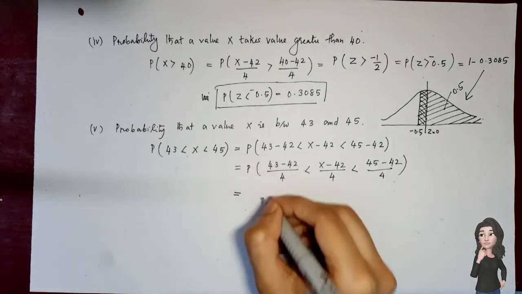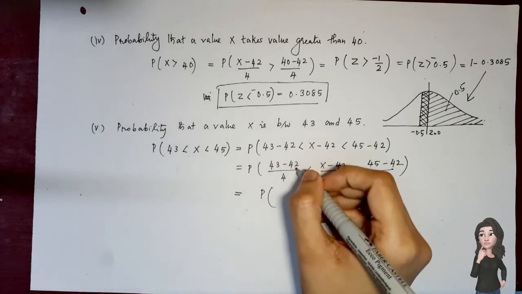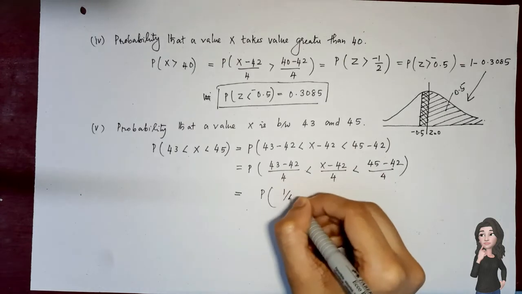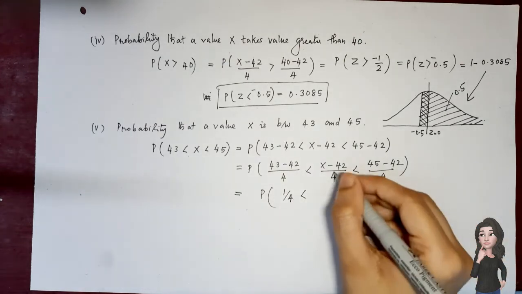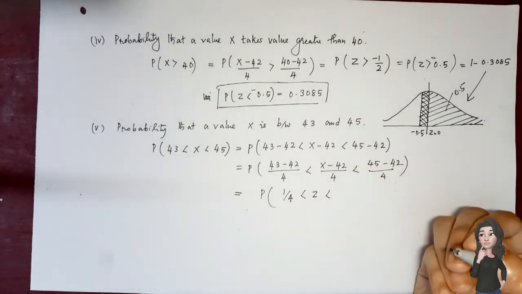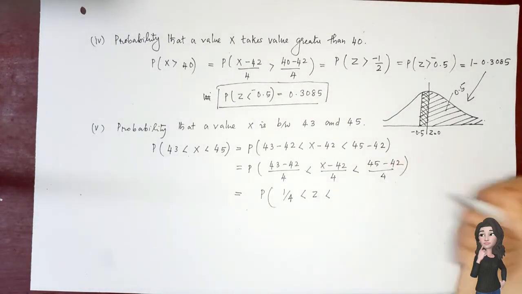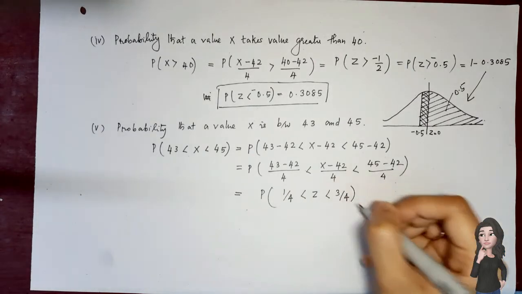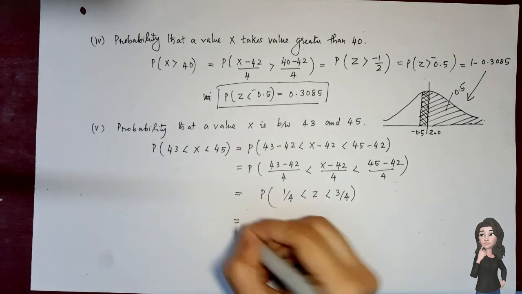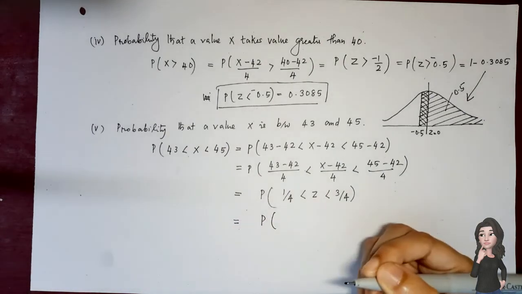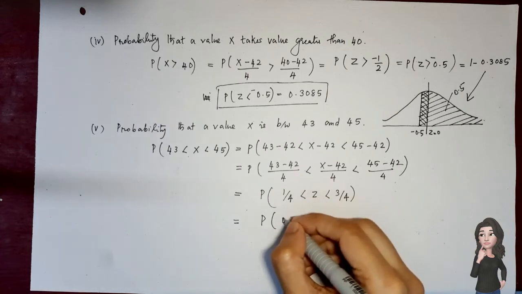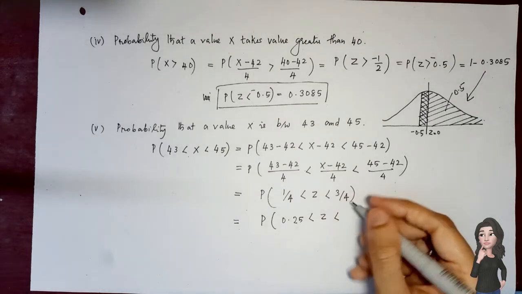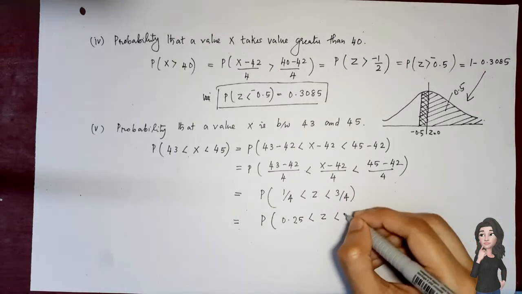So this is equal to the probability of 1 by 4 less than z less than 3 by 4, so 0.25 less than z less than 0.75.